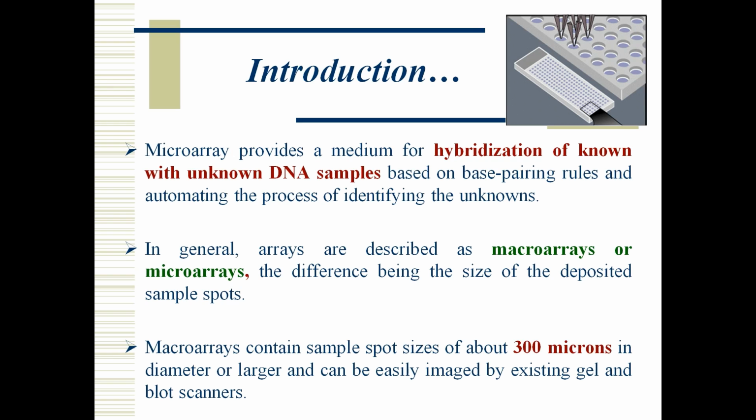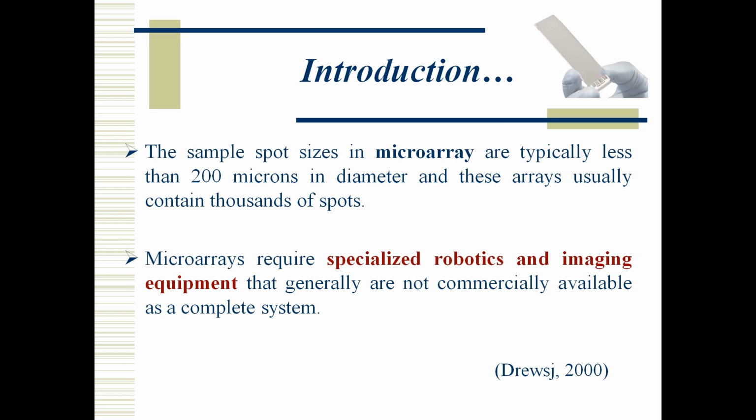Macroarrays contain sample spots of 300 microns in diameter or larger and can be easily imaged by existing gel and blot scanners.